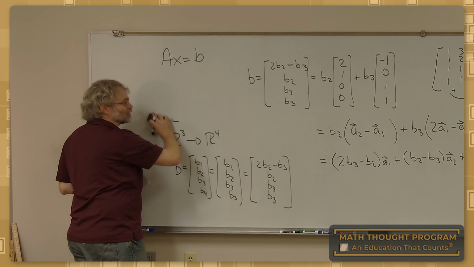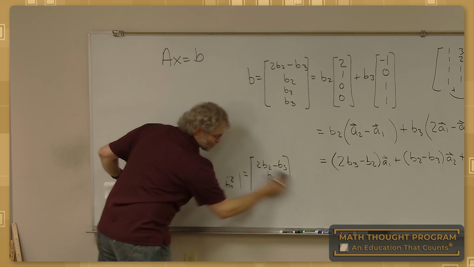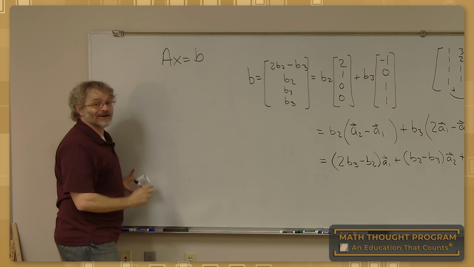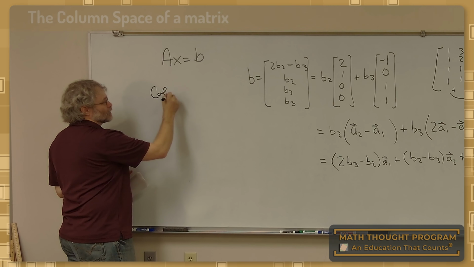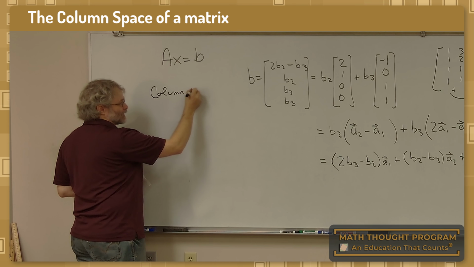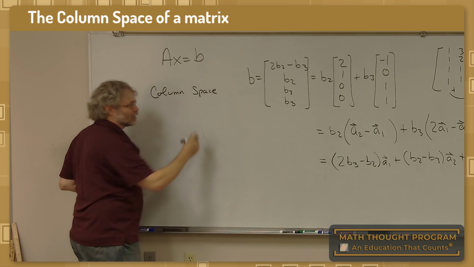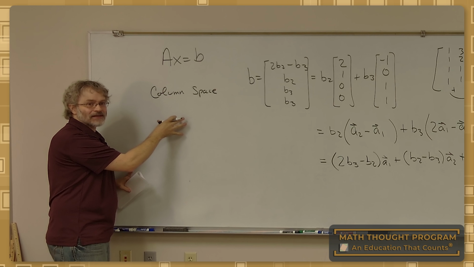So a better name is to say column space. The column space of a matrix A. This is a vector space.